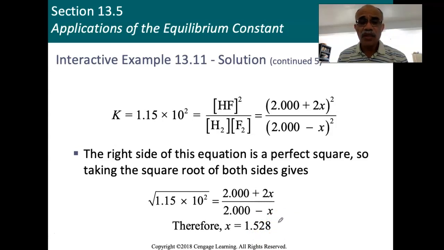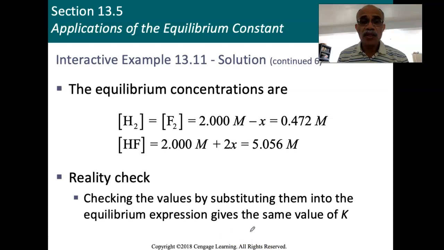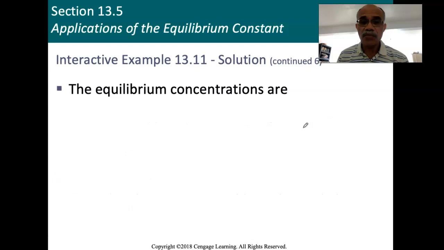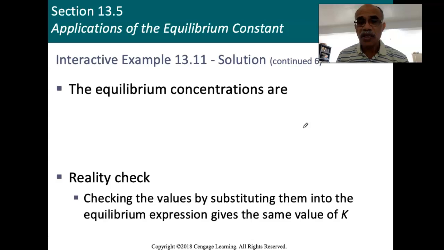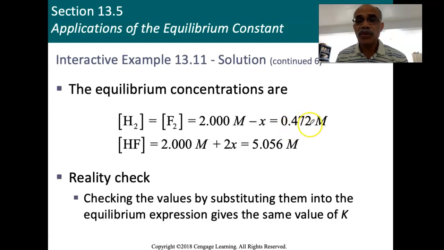So that is the change in the concentration, right? That's the change in the quantity or change in the amount. So now we need to find the actual amount by substituting. So that's what we will do. So the concentration of H2 and F2 is 2 minus x. So that will be 2 minus 1.528, and that gives us this value, 0.472.